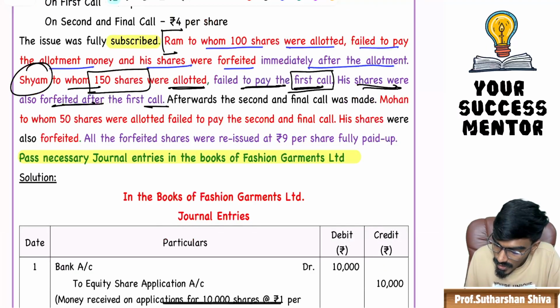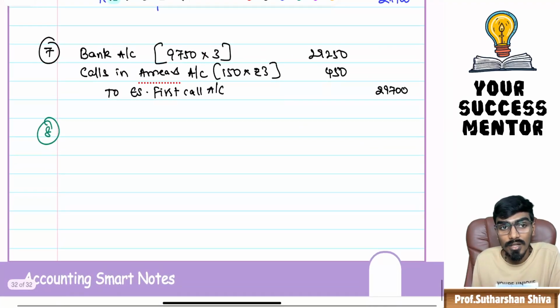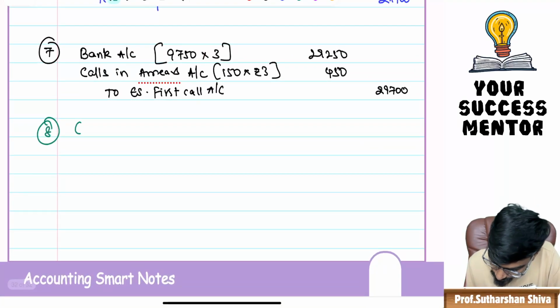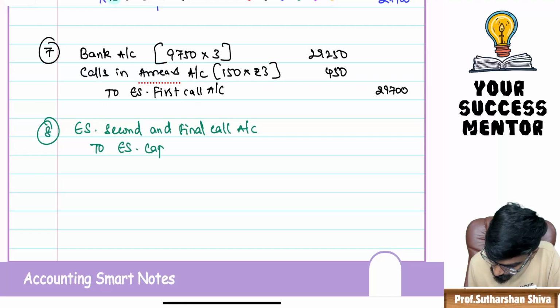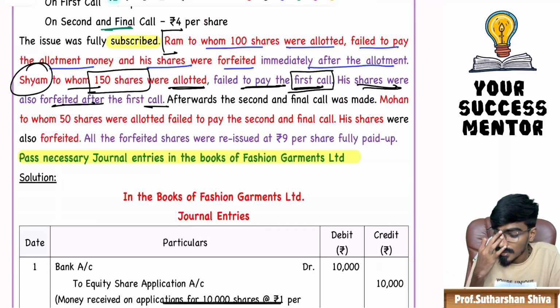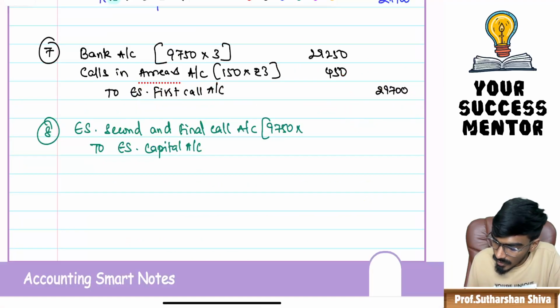Now come to the next step, 8. What money are we asking? Second and final call. What is the second and final call entry? Second and final call account debit to equity share capital account, equity share second and final call. What is the value? 9,750. Hereafter the shares are 9,750, because 2 shareholders we already recovered.